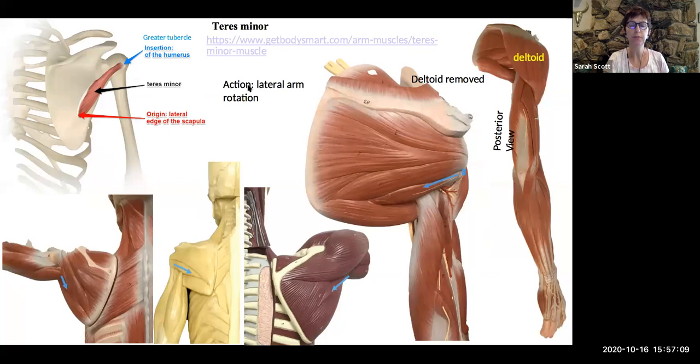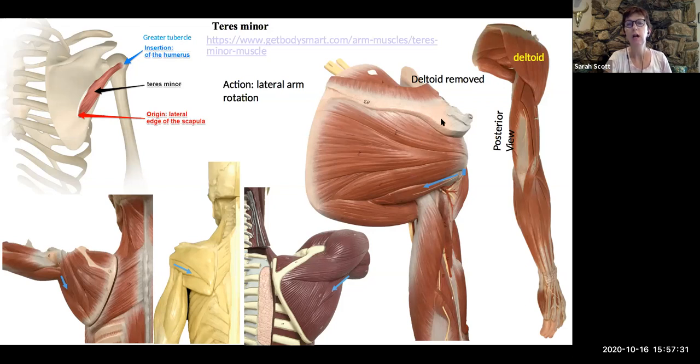Teres minor is a small rounded cross-section muscle that's going from just sort of inferior to the infraspinatus and has a similar insertion. So it's not too surprising that the action is the same again, lateral arm rotation, rolling it out.